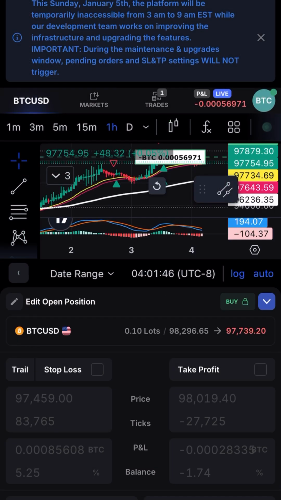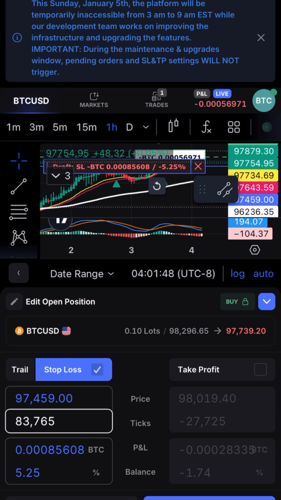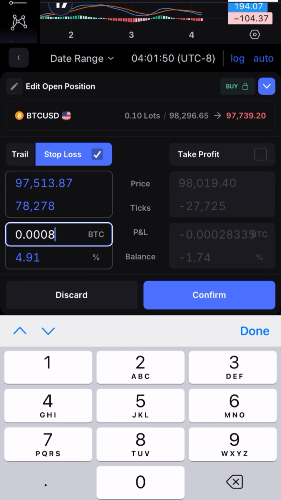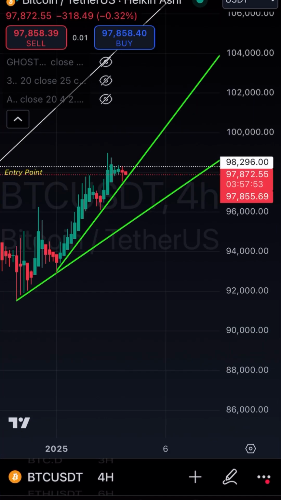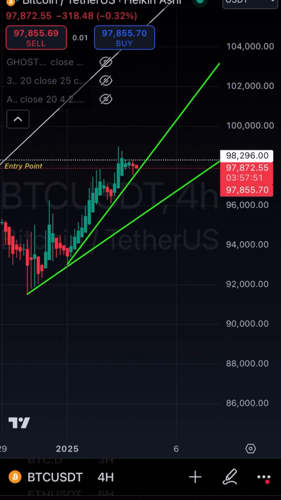So we look here at my stop loss, and I'm going to put in 0.014 right here. The price of Bitcoin would have to go down to 84,000 for me to lose all of my trade here.